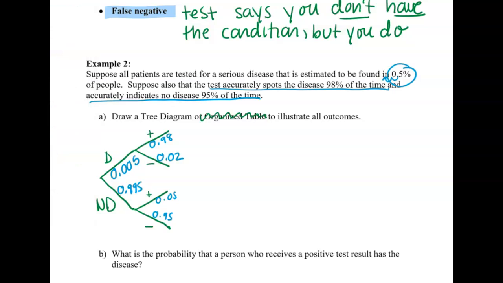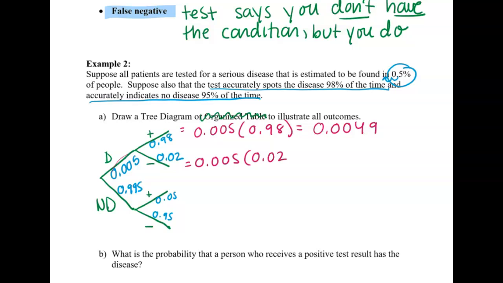And now we'll multiply through. So this is, again, we're following just like along the tree. So the D and the plus, so 0.005 times 0.98, this equals 0.0049. 0.005 times 0.02 equals 0.0001.